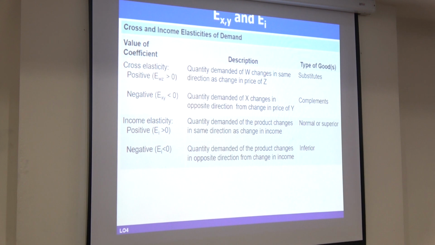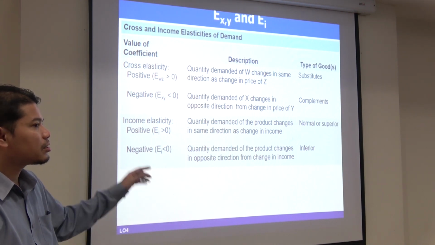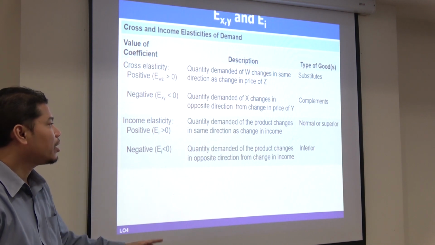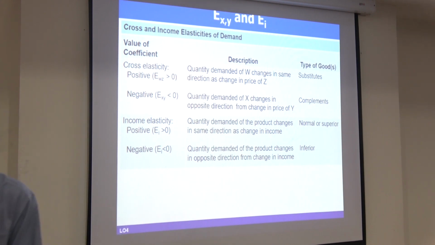Now we come to the end of our discussion. This is a summary of the cross price elasticity of demand and income elasticity of demand. As you can see here, cross price elasticity of demand enables us to differentiate between two goods which are substitutes and two goods which are complements.